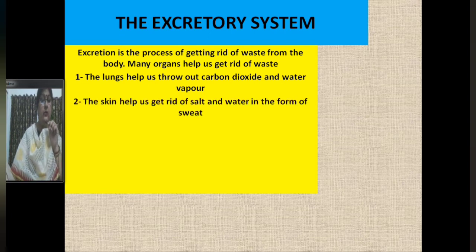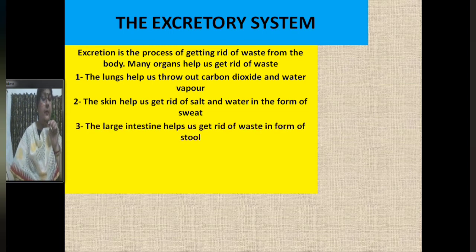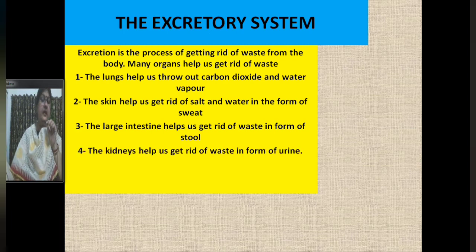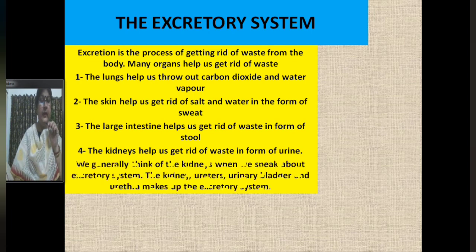Number 2, the skin helps us get rid of salt and water in the form of sweat. Number 3, the large intestine helps us get rid of waste in the form of stool. Next, the kidneys help us get rid of waste in the form of urine.